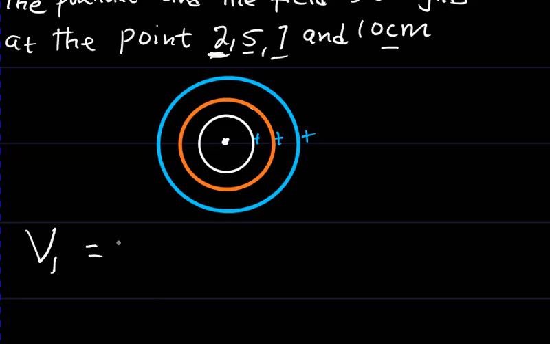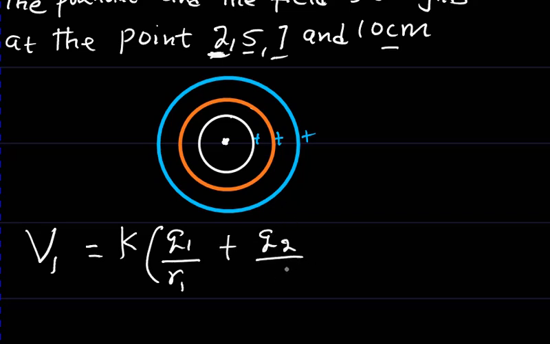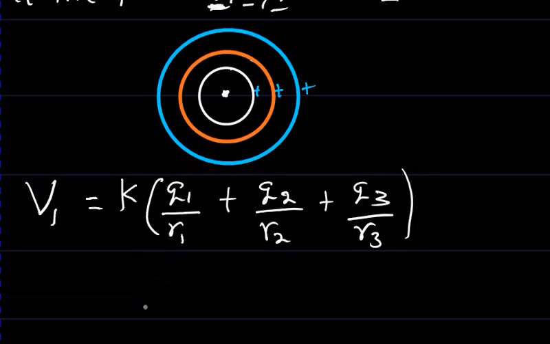So remember the formula of electric potential of a system of charges, which is given as K Q1 over R1 plus Q2 over R2 plus Q3 over R3. Okay, so let's start adding up.